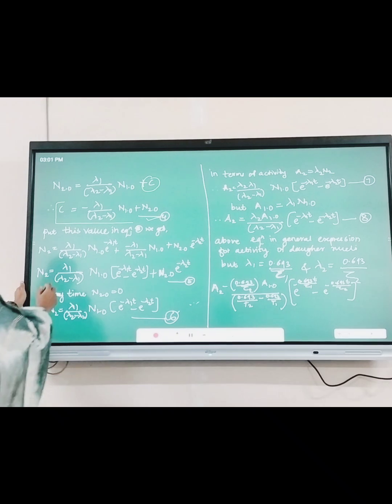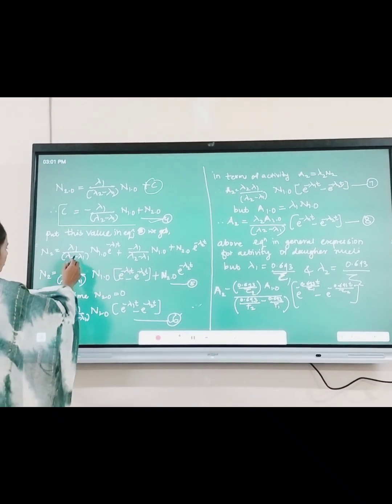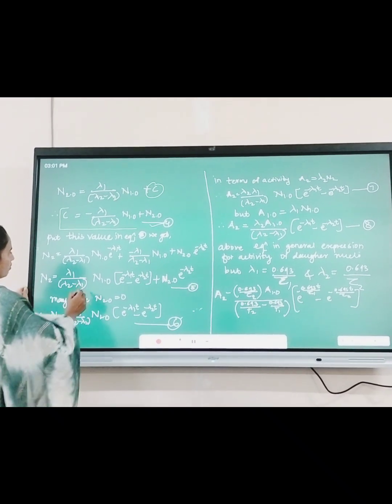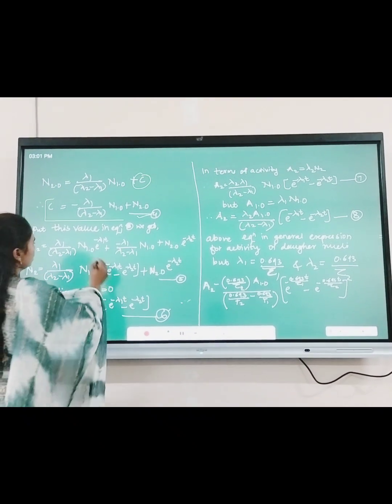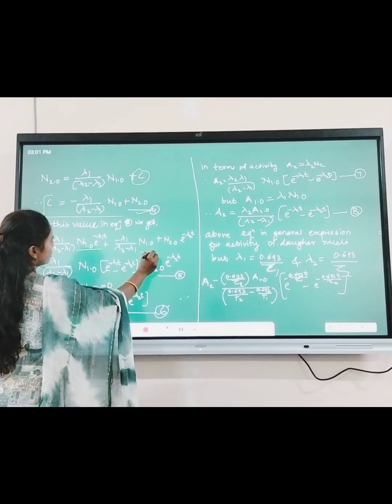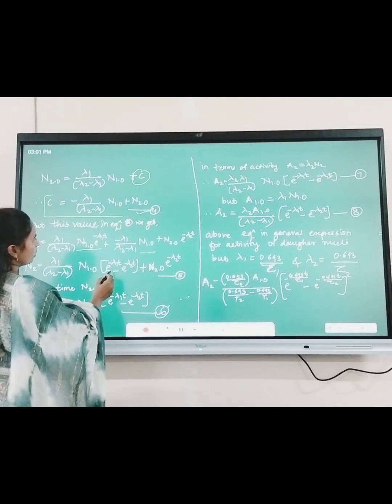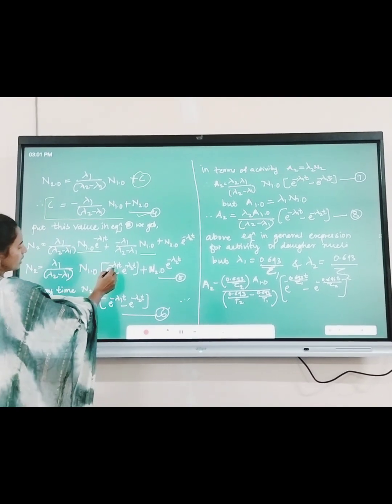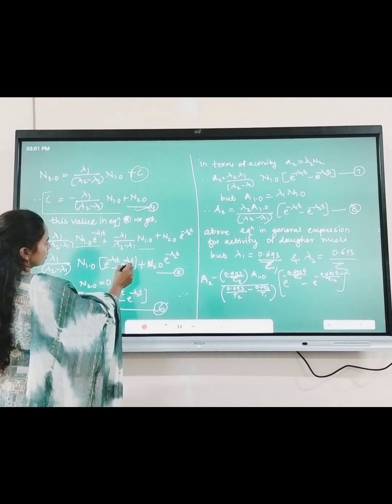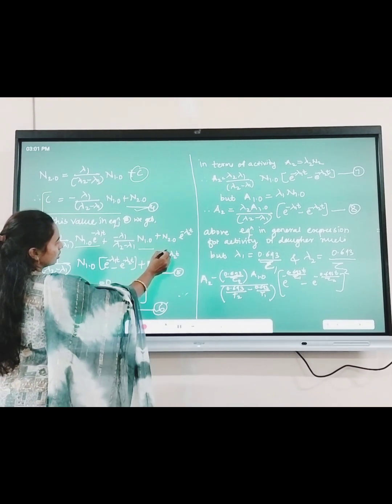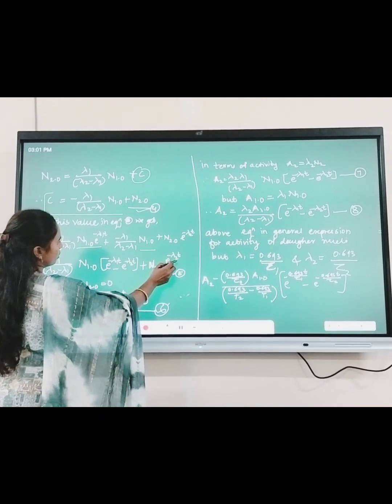Again, here n2 is equal to lambda 1 divided by lambda 2 minus lambda 1 into n1.0. We take n1.0 common here. So we have e raised to minus lambda 1 t minus e raised to minus lambda 2 t and n2.0 into e raised to minus lambda 2 t.